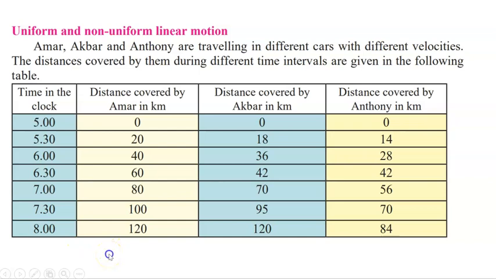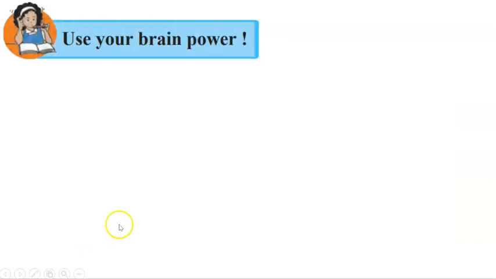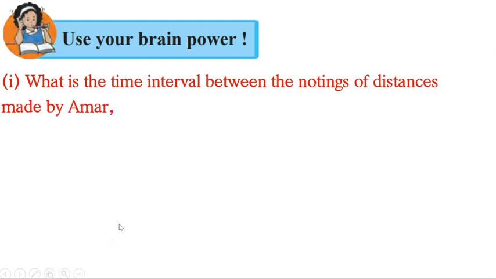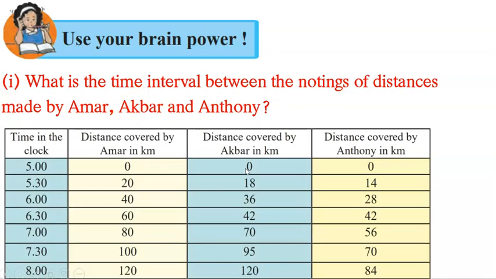Now one by one. The first is, here's your brain power. What is the time interval between the notings of distances made by Amar, Akbar and Anthony? मग टाइम इंटरवल किती आहे?